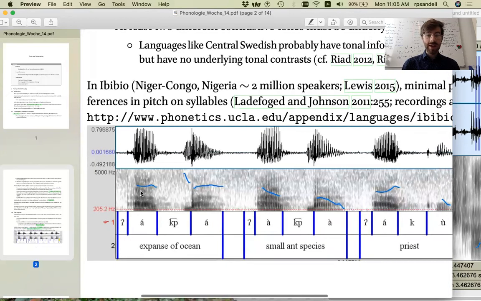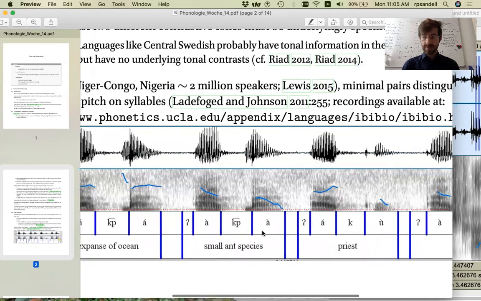The word meaning an expanse of ocean has two syllables. Both of those syllables have a high pitch. So here we see a pitch line, and we can contrast that with the word meaning a small ant species, which is segmentally identical, but we can see that the frequency on both of these two vowels is lower.